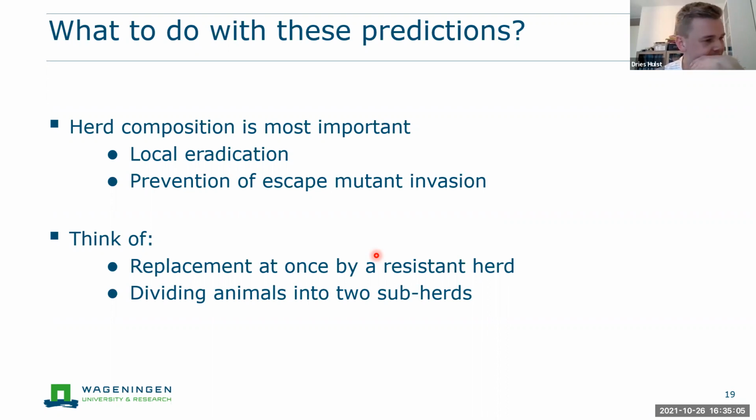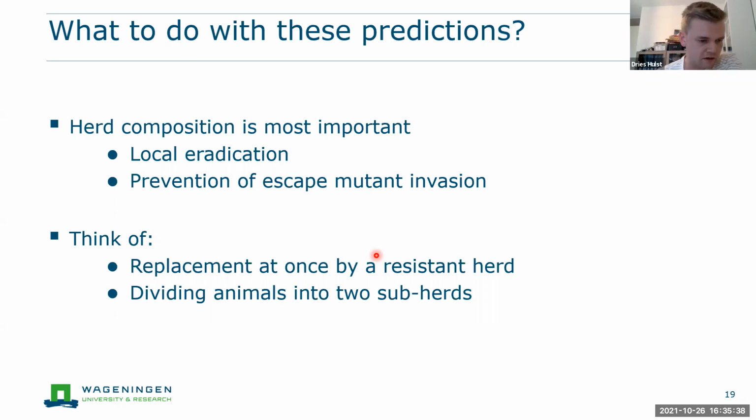Well, what I just said is that when you start, you don't know what mutants will arise. But the good news is, I think, especially in livestock, that it seems quite reasonable, or feasible, to get to local eradication. If you want to do that through genetic selection, then it's also very important to take the herd composition into consideration.